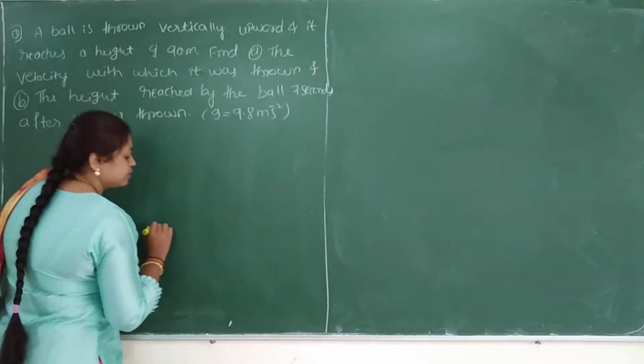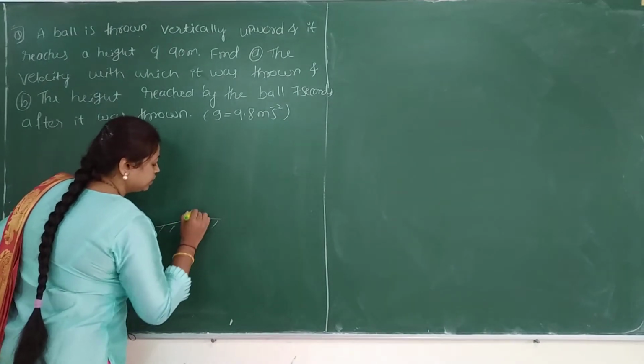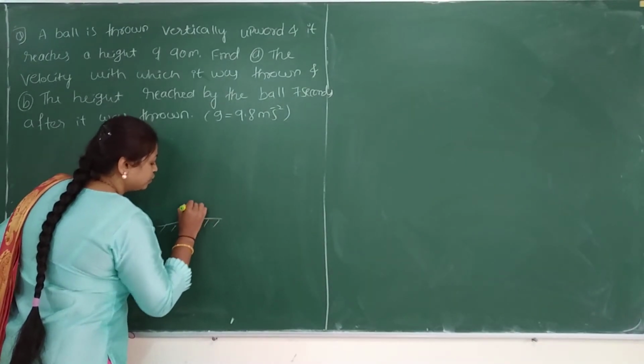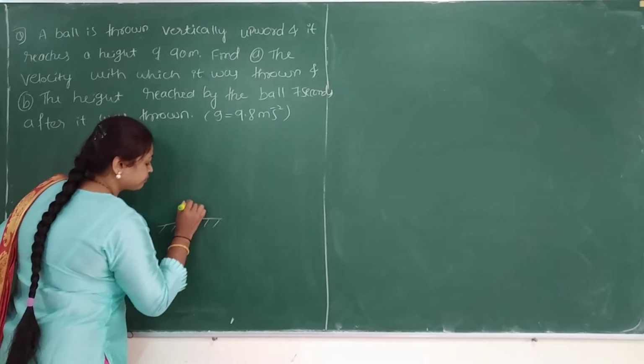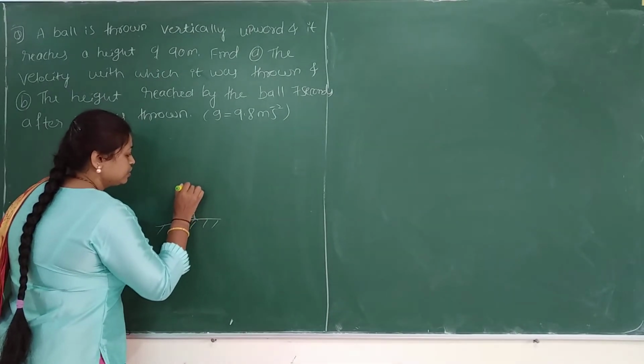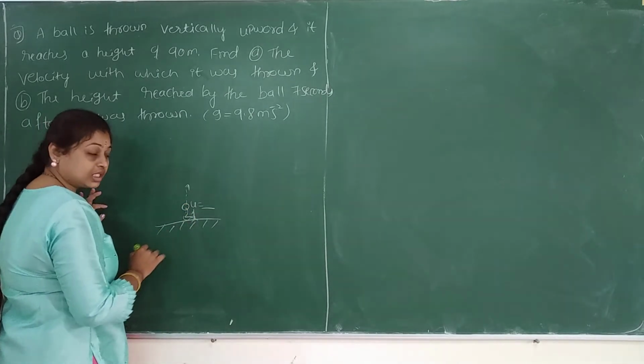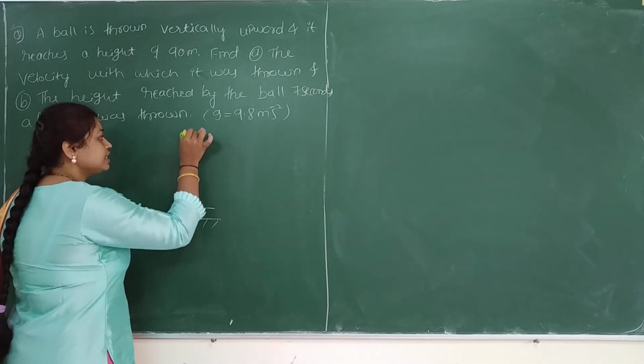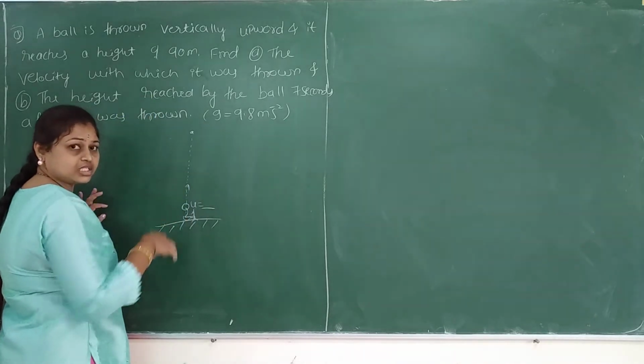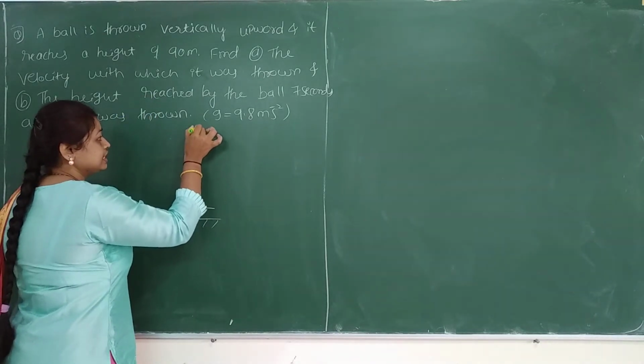Vertically upward motion means once it reaches the highest point, momentarily it is at rest. So imagine this is the ground, you are standing here and you are throwing the object from here. Once you throw the object with a certain initial velocity, it will reach the highest point. Let us consider this is the highest point. Now the ball is here, right?